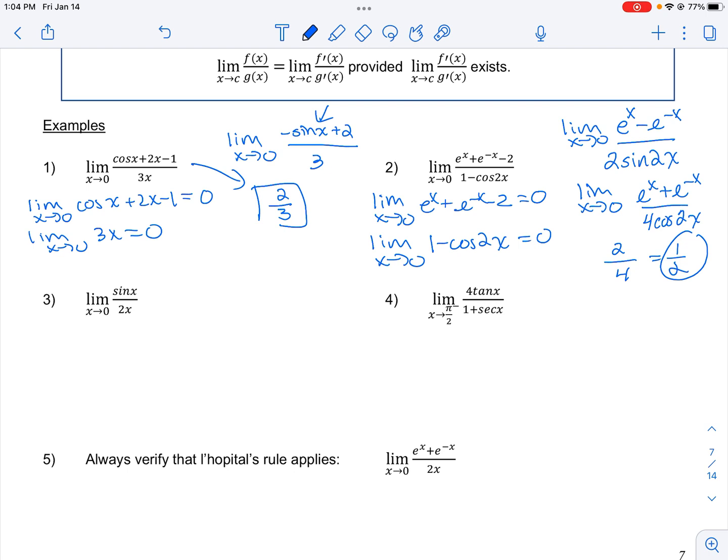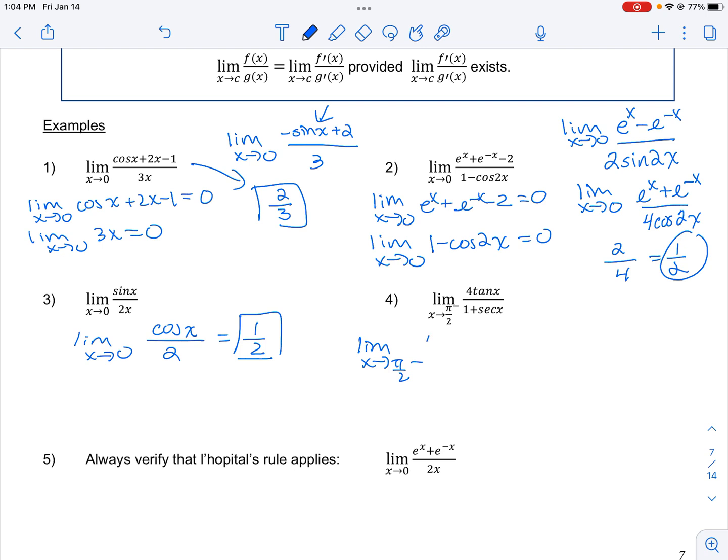Okay, let's finish off the last 2. Same thing happens. You will end up with 0 over 0 here. So I'm going to do L'Hopital's rule. The derivative of the top is cosine of x. Derivative of the bottom is 2. Now if I plug in the 0, I do get a limit of 1/2. And then here, let's talk about this piece.